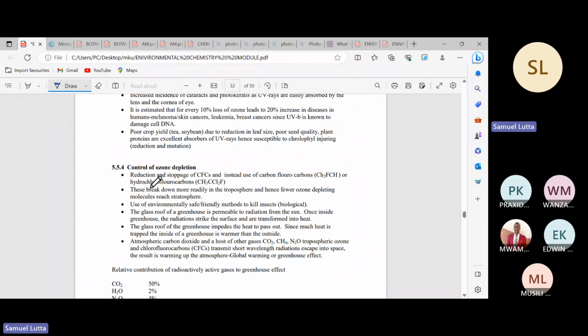To control the depletion of ozone, what you need to do is to decrease the production of CFCs. And instead of using CFCs, we can use other friendly products in the coolant, which don't break down to produce those unfriendly radicals.